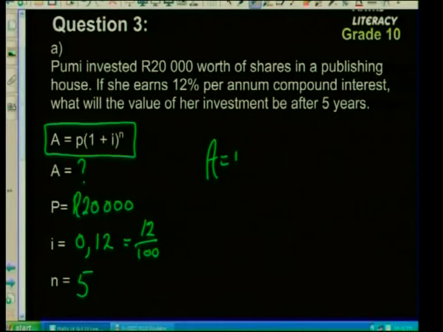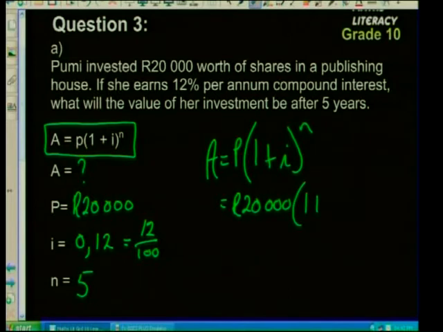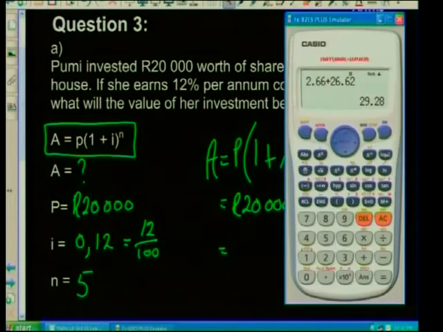Now that we know what we're looking for, and now that we have all the bits, let's put it all into the formula. So my formula, A equals P, bracket, 1 plus i, to the power of n. What's my P? My P is 20,000 rand. 1 plus my i, 0.12, and we're doing it 5 times. Equals. Out comes the calculator. Let's clear it.